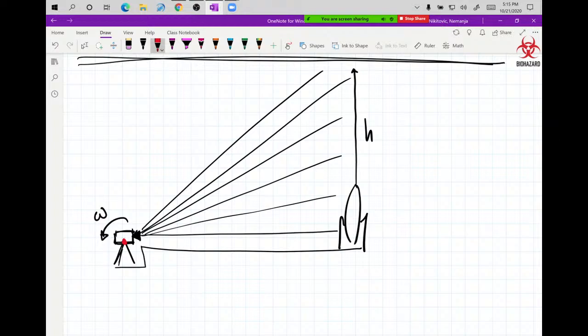And what I want to design is an electric circuit that will control the servo motor to rotate the camera the appropriate amount.